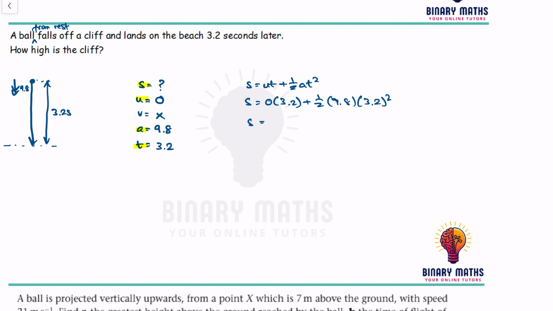So S is equal to 50.176, which is equal to 50.2. Now, because we weren't given units, I'm just going to assume it's meters. 50.2 meters.